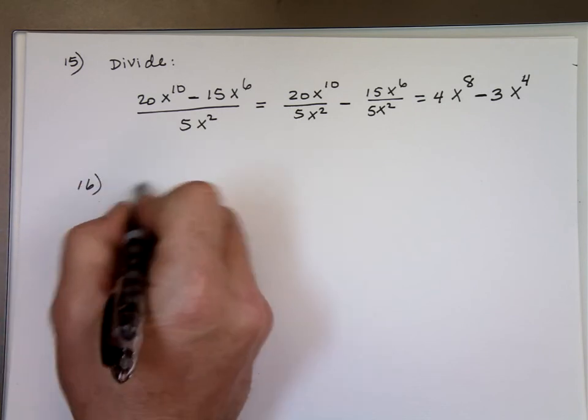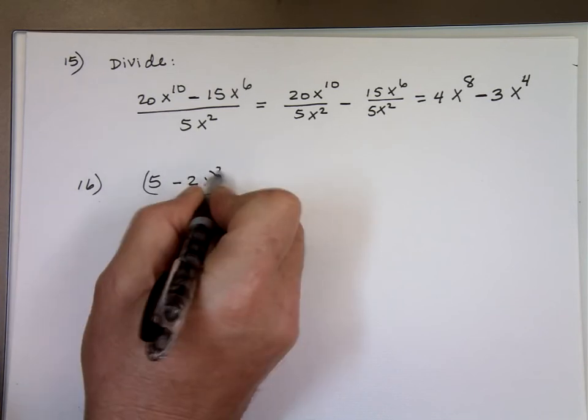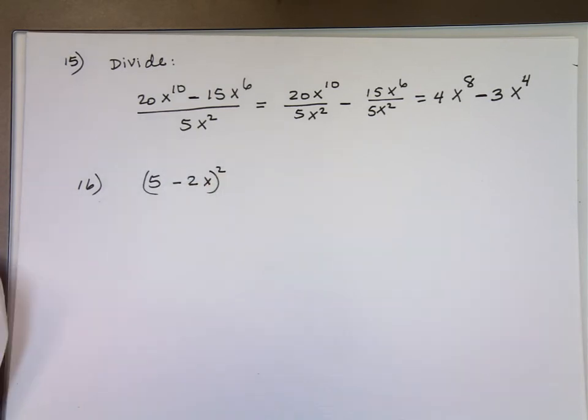Five minus 2x, the whole thing squared. This will be what?